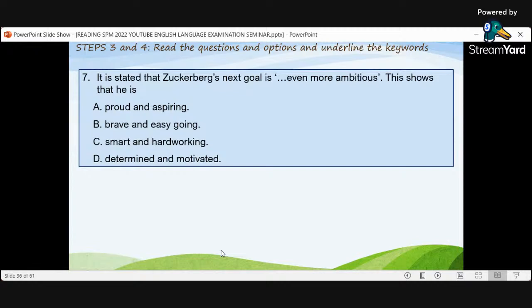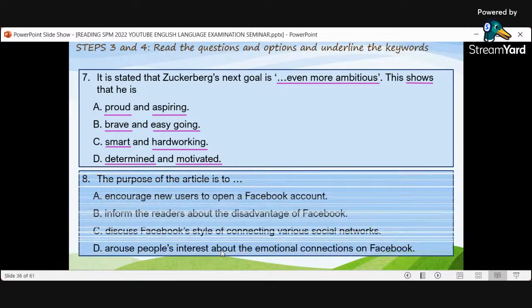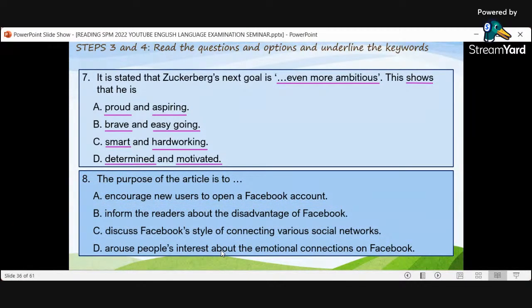Okay, number 7. It's stated that Zuckerberg's next goal is even more ambitious. This shows that he is proud, aspiring, brave, easygoing, smart, hardworking, or determined and motivated. That the purpose is the main idea.